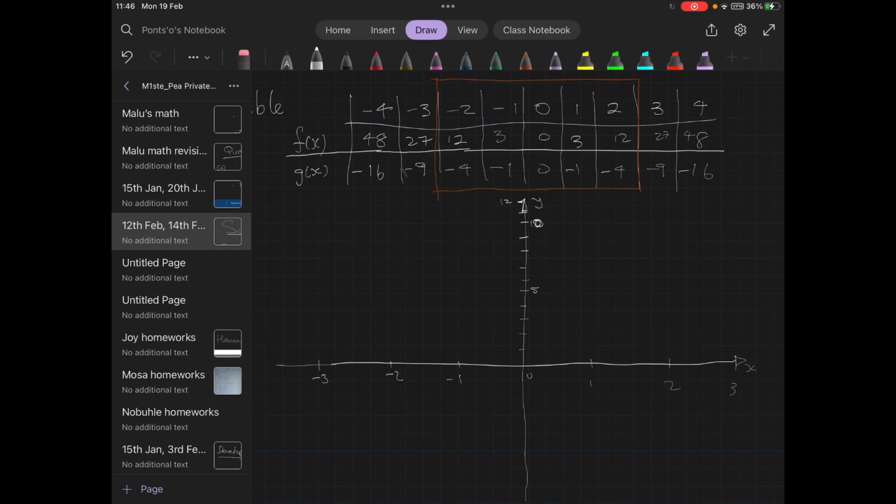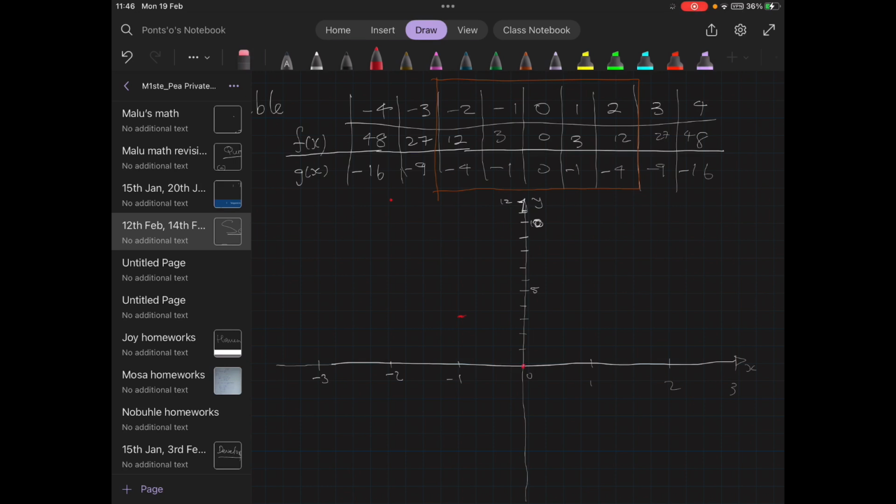So at x is 0, our graph is at 0. For f of x at x equals negative 2, our graph plots at 12, way up there. At x equals negative 1, our graph plots at 3.